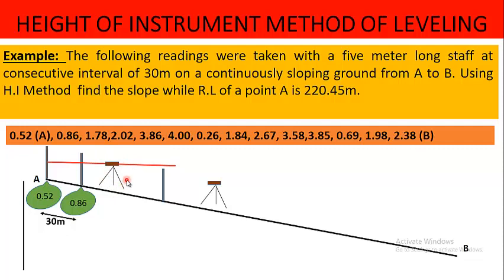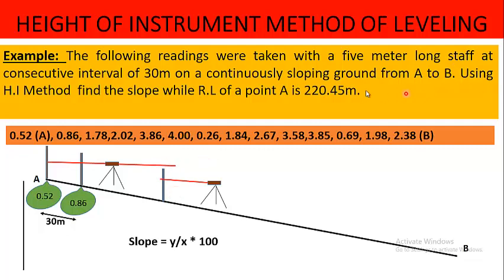After 0.26 the values increase continuously up to 3.85, and then there is a sudden decline, because the same situation has arisen: the level lies very low below the staff rod and we cannot take the reading.